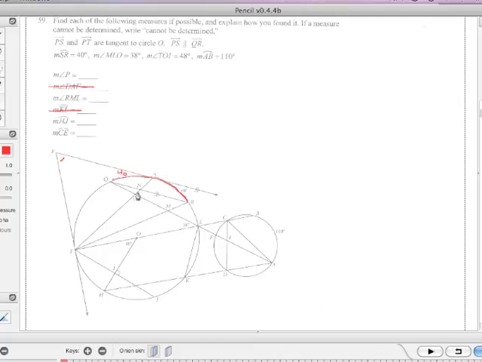And this angle also, right? Okay, and then this angle right here has got to be the angle STR, because it's an inscribed angle. This must be 20.